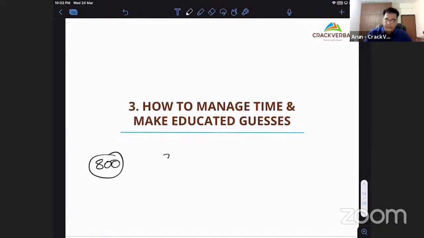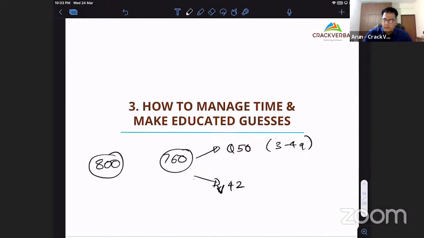Even if you're going to tell me that, Arun, I'm okay with a 760 on the GMAT, which is a 99 percentile, even this can be achieved with a bunch of mistakes. You need a quant 50, verbal 40, 42. Easily you can get about 3 or 4 questions wrong, about 5 or 6 questions wrong, and still you can get a 760.